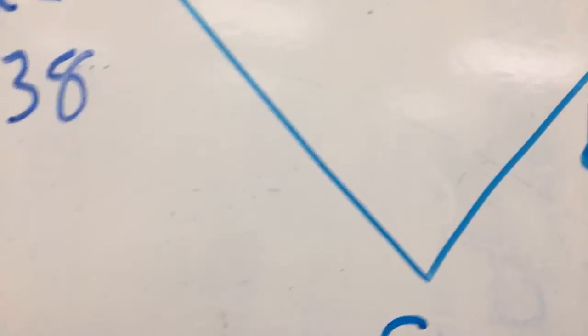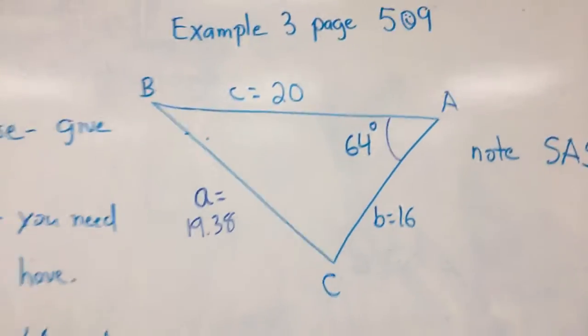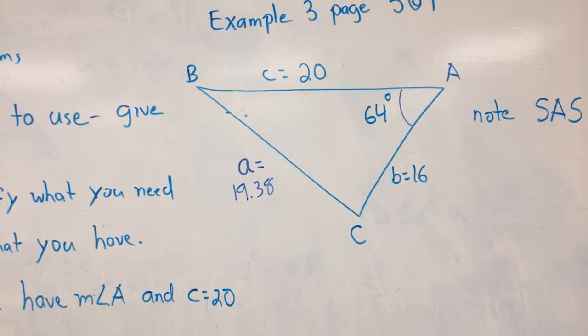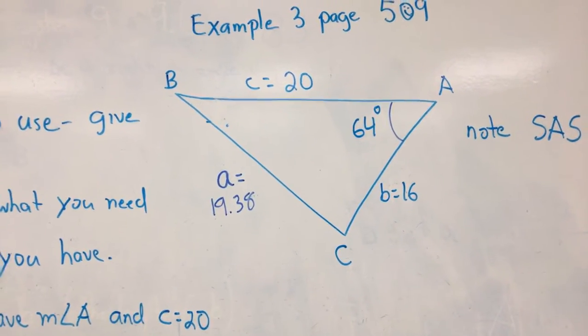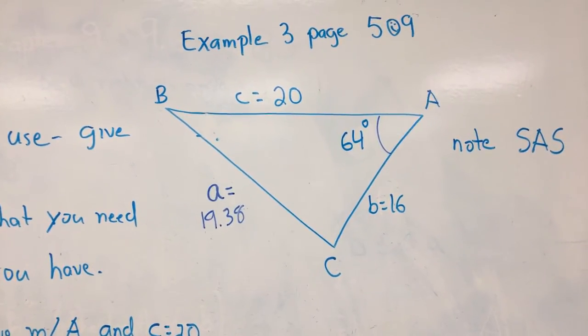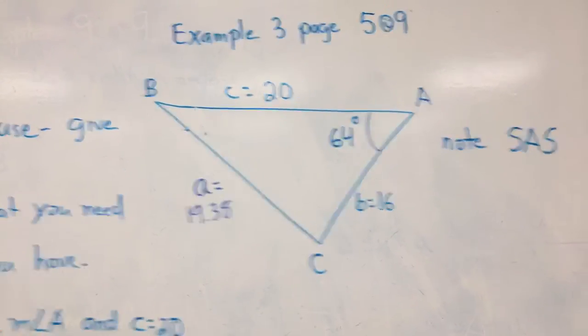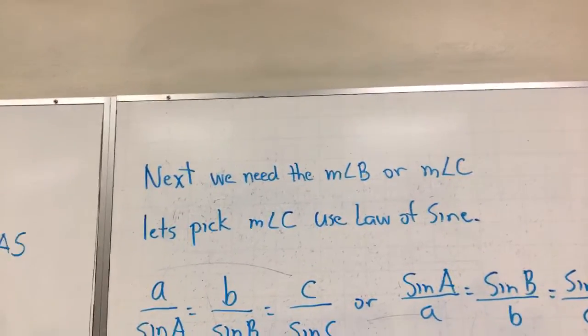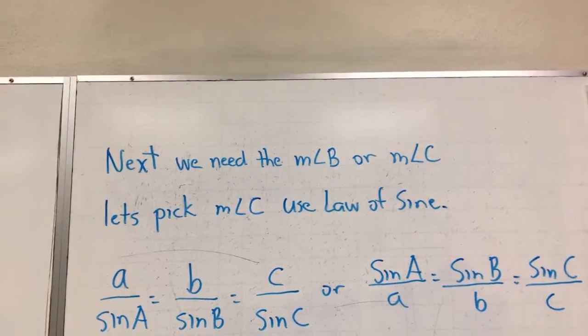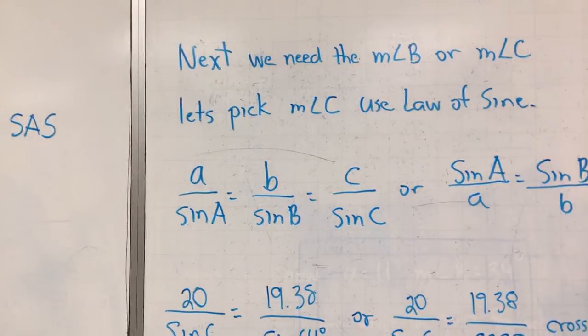Now, remember, a triangle's got 6 pieces. I have 4 of them. I know the measure of one angle, and I have the measure of all 3 sides. All right. Remember, next, we need the measure of angle B or C. Doesn't really matter. I chose C because I get to use the piece that we just found. So anyway, and here's the law of sines again.